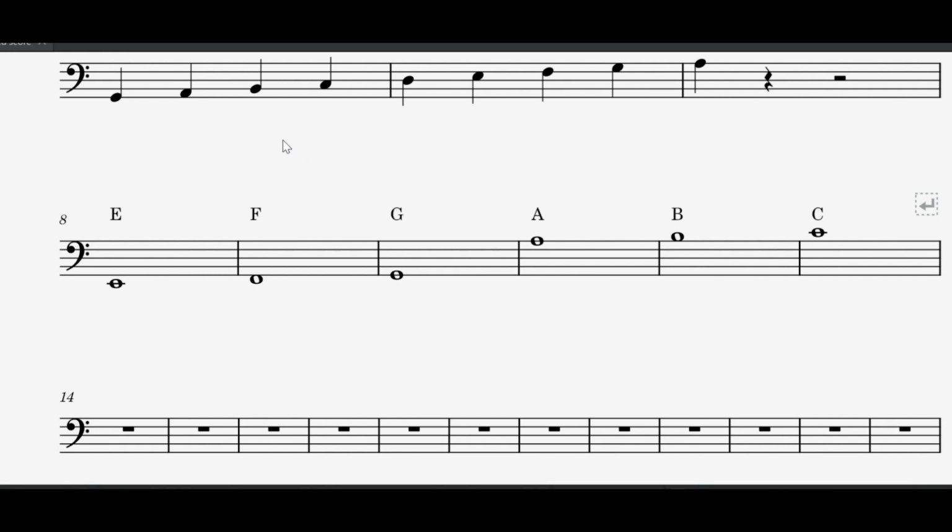Similarly, I'm going to put the lowest line note that we have. We have G. And if you go down to the space that's before that first line, you put a note there, it will be the letter before the G, which is the F. And if I need to go even lower than the F, the note before it should be a line note.